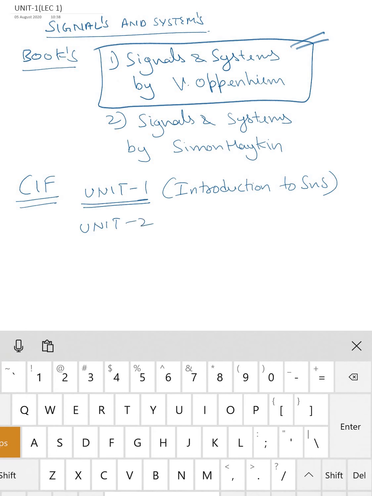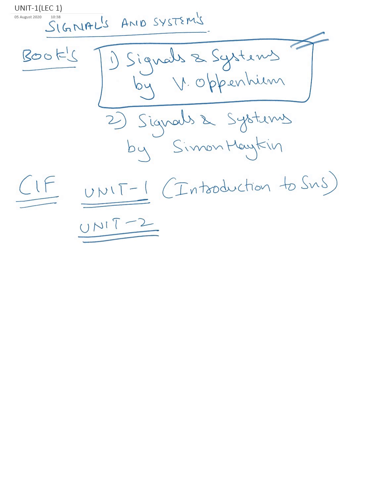Then unit 2 is your continuous time and discrete time LTI system.